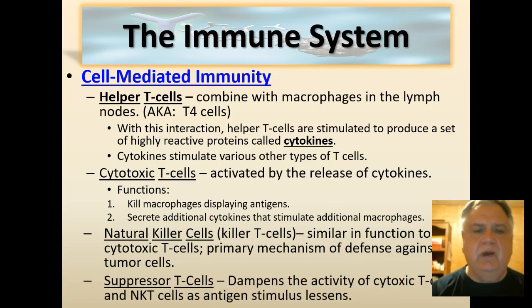And then finally, we have what we call suppressor T cells. Suppressor T cells, their job is to dampen the activity of the cytotoxic T cells and the NKT or natural killer cells as the antigen stimulus lessens. So you can imagine that what's going to happen is as the antigen-presenting cells come back, engage the helper T cells, and differentiate into cytotoxic T cells, they recruit more macrophages.